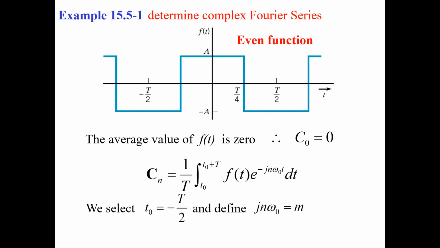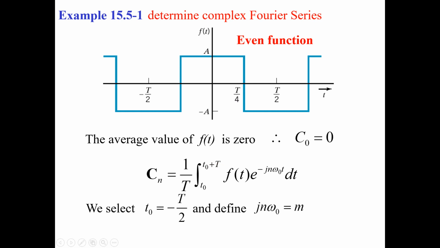If you look at the time, if you take from minus T by 2 to T by 2, whatever is positive, similar is the negative. If you start from this point, this is the starting point of your period and this is the ending point of your period. This one is positive area under the curve, this is negative area. These are cancelled out and the average value is 0.